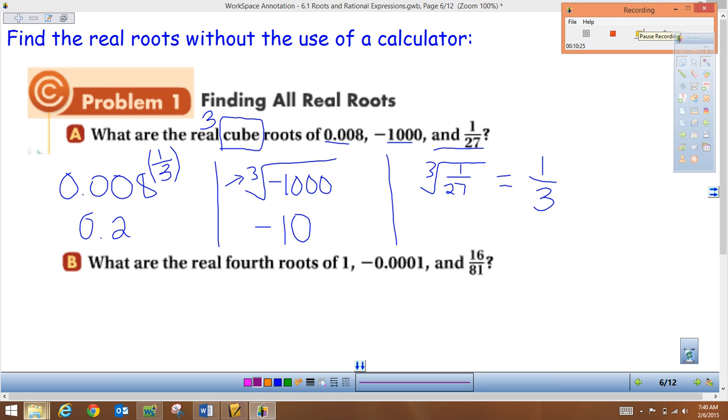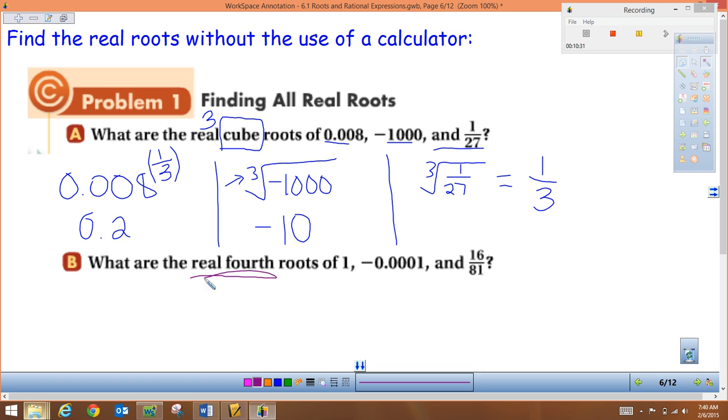Doing another example down here, it's asking for the real fourth roots. Fourth roots, okay? Let's do the fourth root, writing it out properly, of 1. Any root of 1 is just 1. Okay? How about the fourth root of this negative number? Can't do it. Can't take an even root of a negative number.